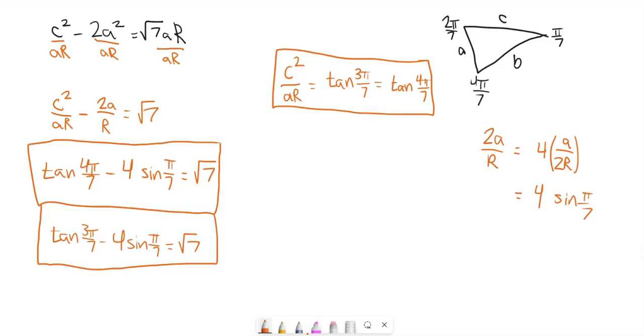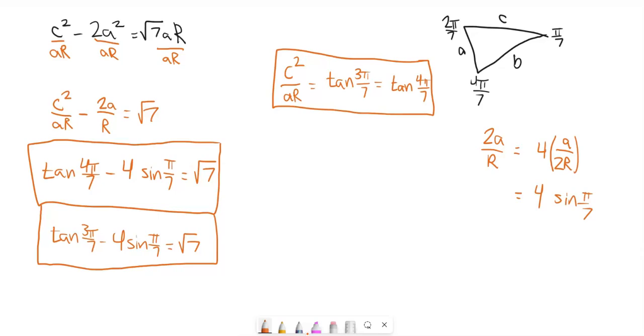When I first encountered it, I used the law of cosines and a whole bunch of stuff that I've derived from the heptagonal triangle earlier in the series to come up with that. But recently, by just looking at the AR part on the back, I was able to do the division and make it that simple to come up with those two equations.